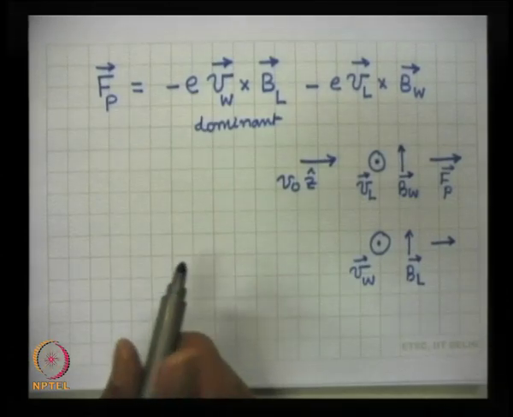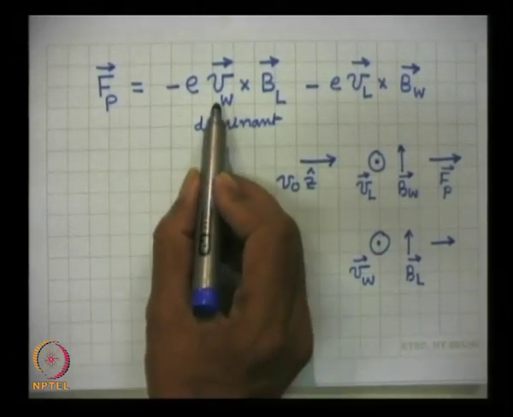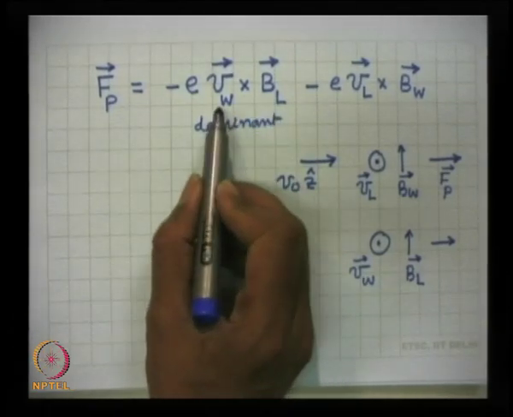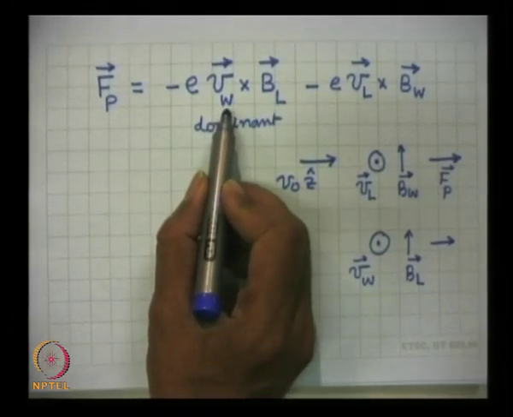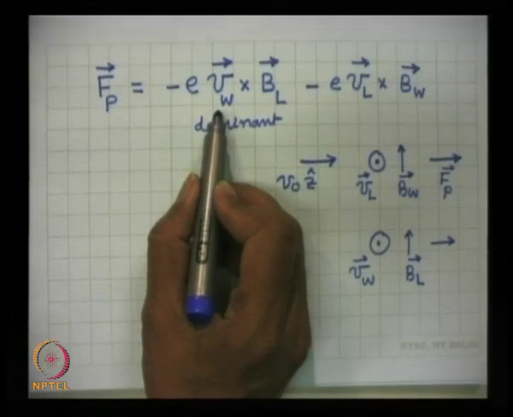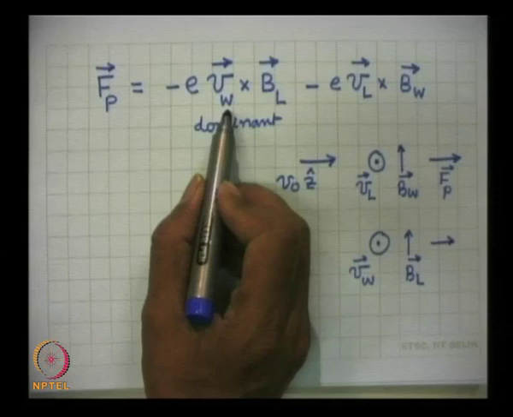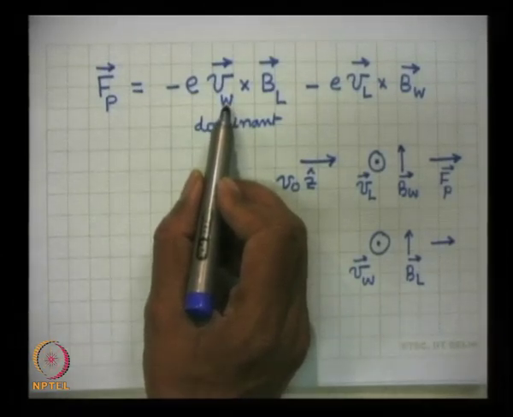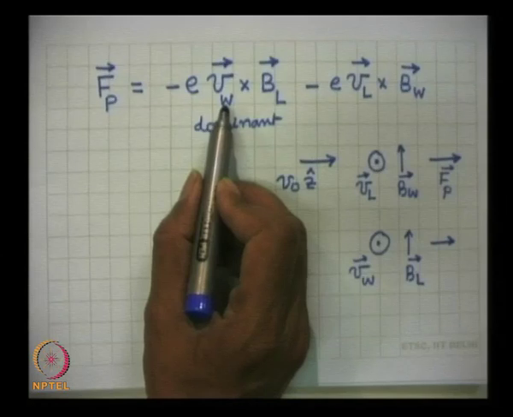Here one should remember one thing, that when I multiply velocity and magnetic field, then I am really talking about real quantities. It is real, because in our representation we have expressed these quantities as complex numbers, but the actual velocity of the particle is not a complex quantity, it is the real part of the complex quantity, it is implied.